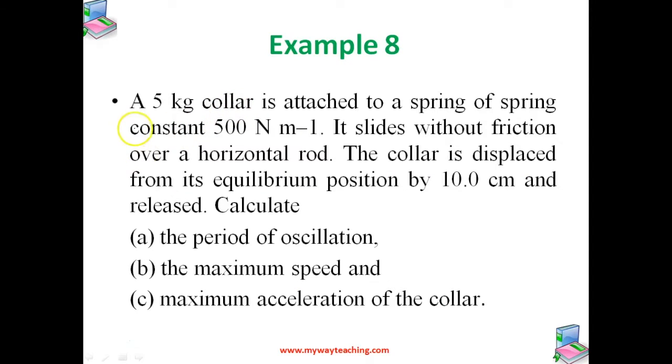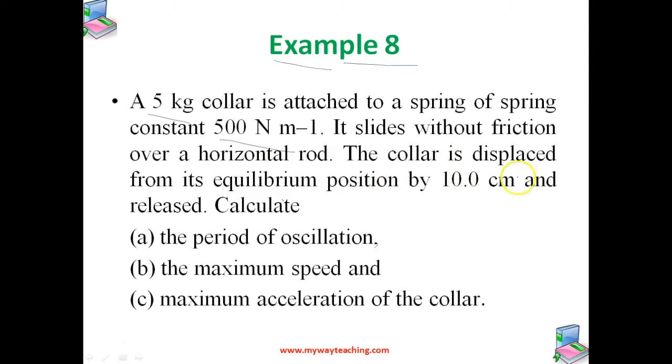In this part, let us see one more simple problem, that is example 8. A 5 kg collar is attached to a spring of spring constant 500 Newton per meter. It slides without friction over a horizontal rod.